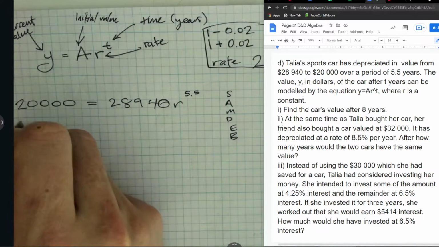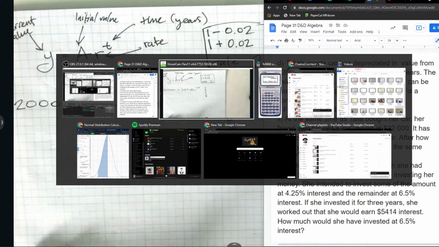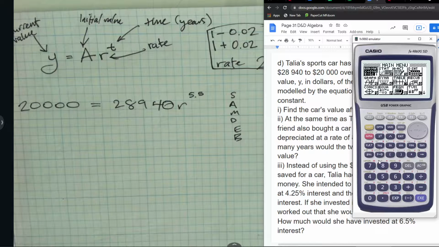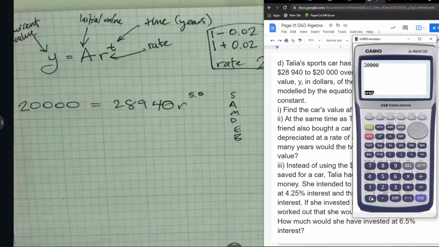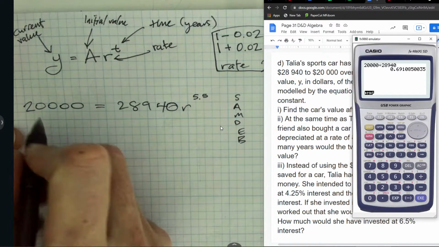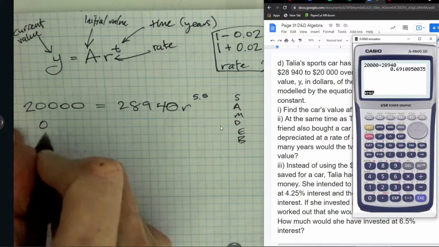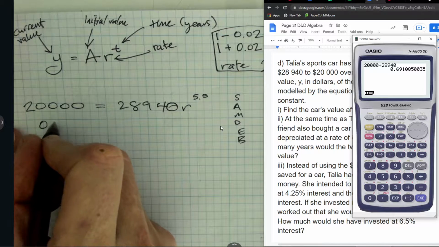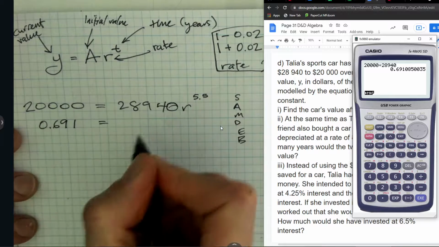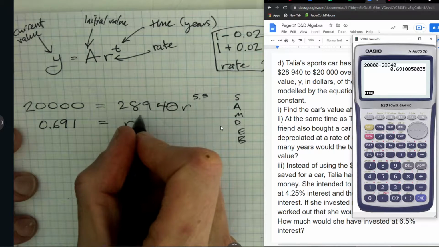So if I do 20,000 divided by 28,940 in our calculator, we've now got 0.69. Man, this is a very arty question indeed. So 0.691, I'm feeling 3DP these days, equals r to the power of 5.5.